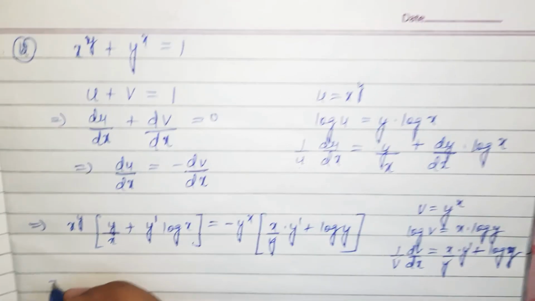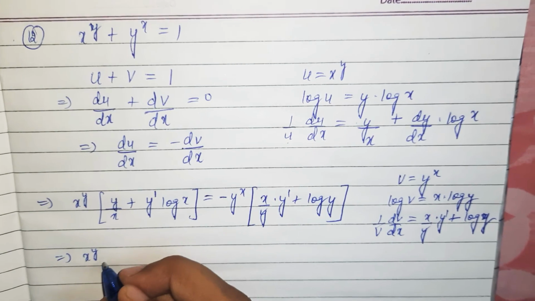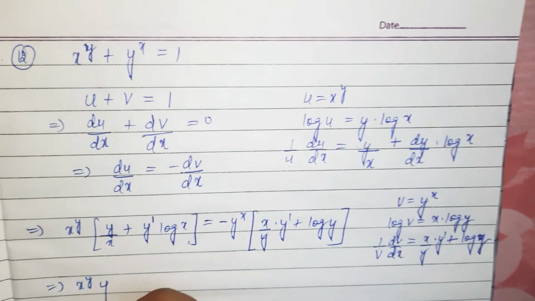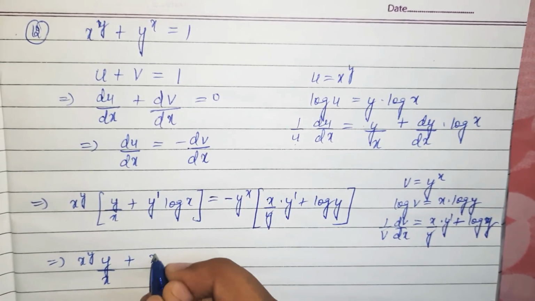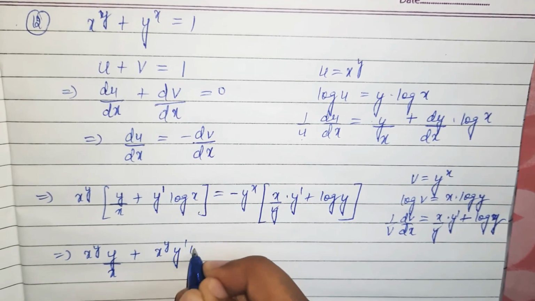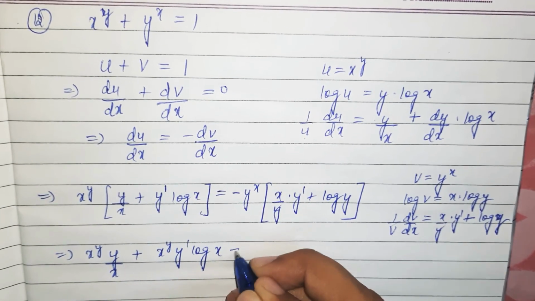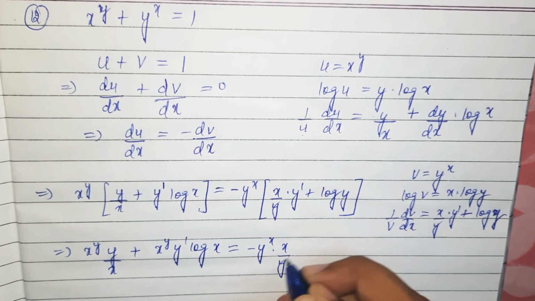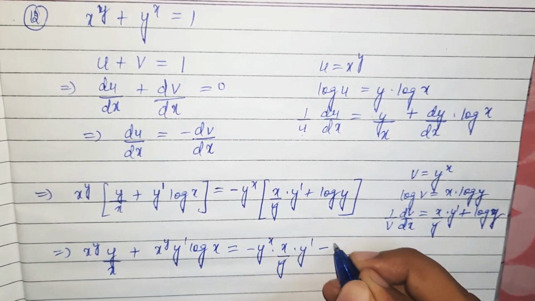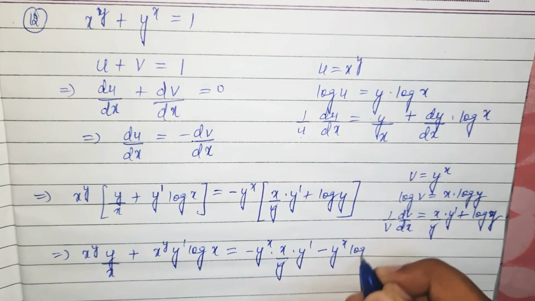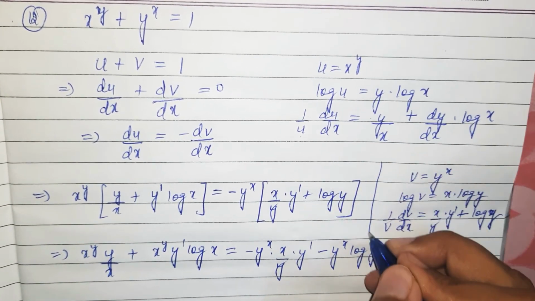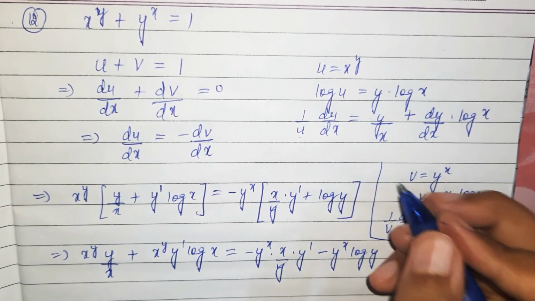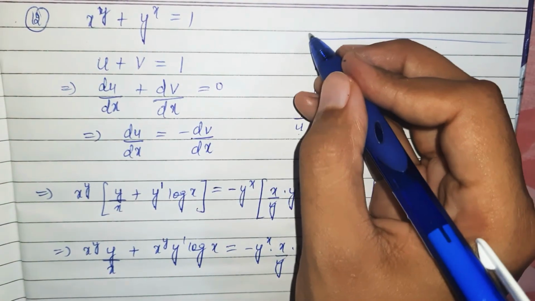Now start solving: x to the y into y upon x, and this is x to the y y dash log x, because I need to calculate y dash, and y to the x, x upon y y dash, and this is y to the x log y. So basically this is the different step now, and this is also a different step.